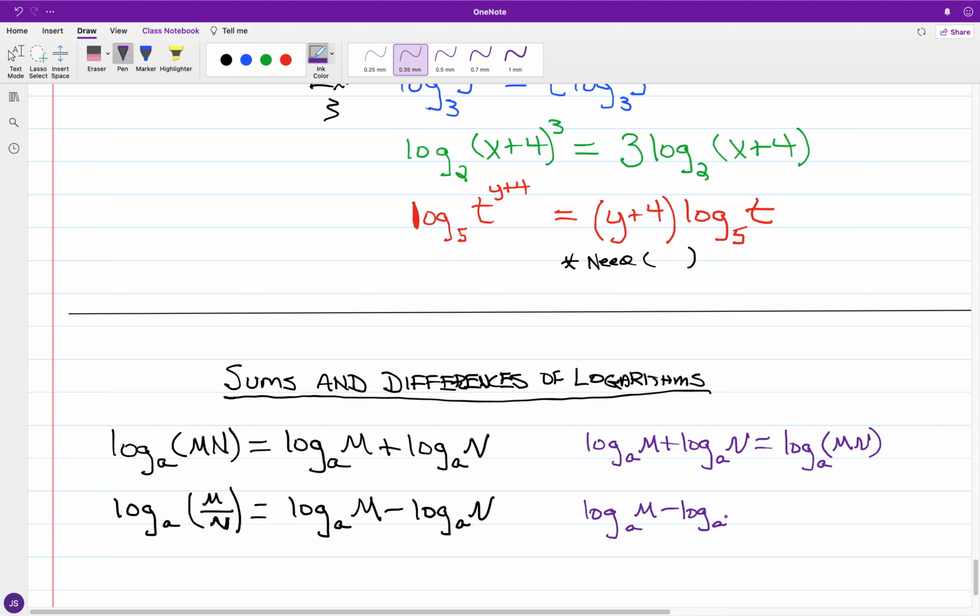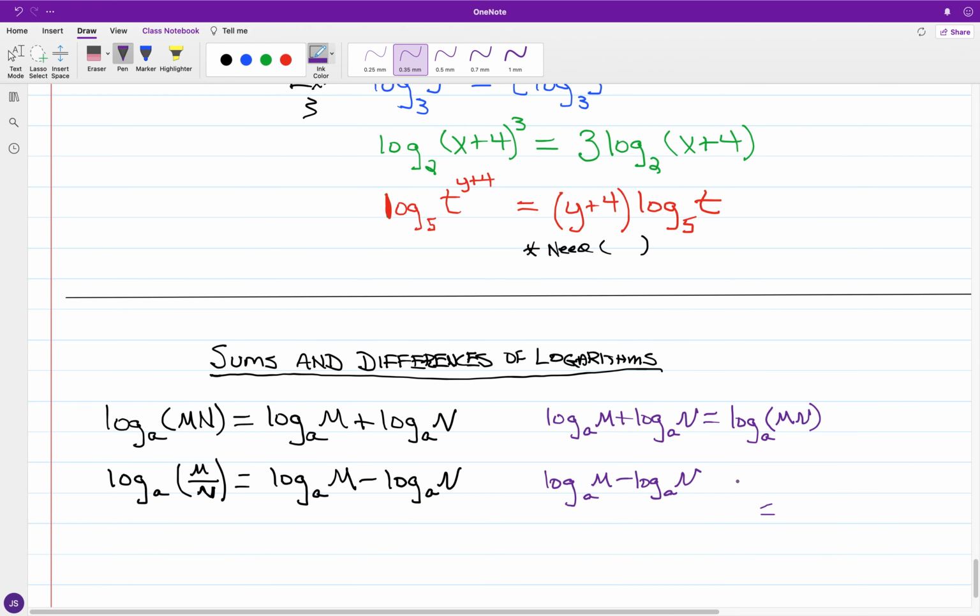Okay, and you're going to have at the top the attachment of the positive logarithmic term, and at the bottom of the ratio will be the attachment that was in reference to the negative base A logarithmic term. So m is going to be at the top, whereas n is going to be on the bottom.